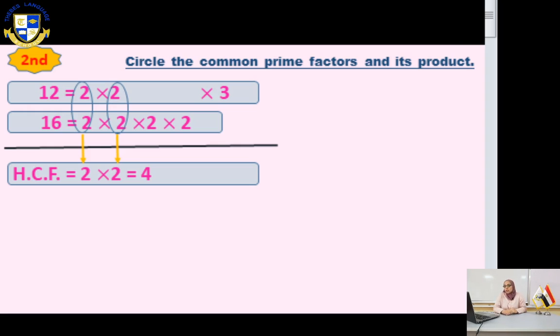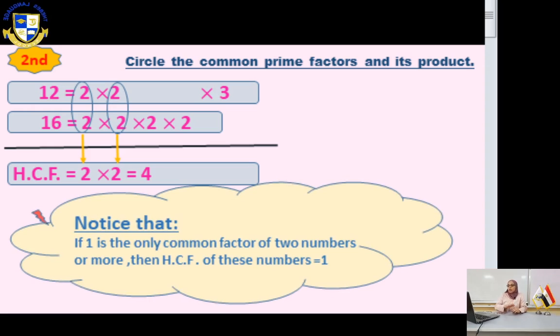So the HCF of 12 and 16 is 4. We must note that if 1 is the only common factor of two numbers, the HCF of these numbers equals 1. This is a very important note.